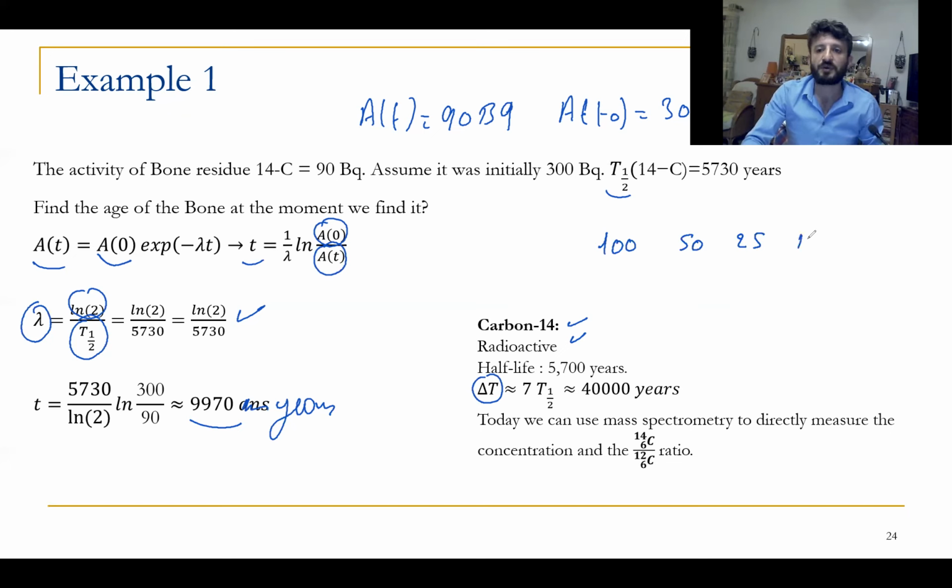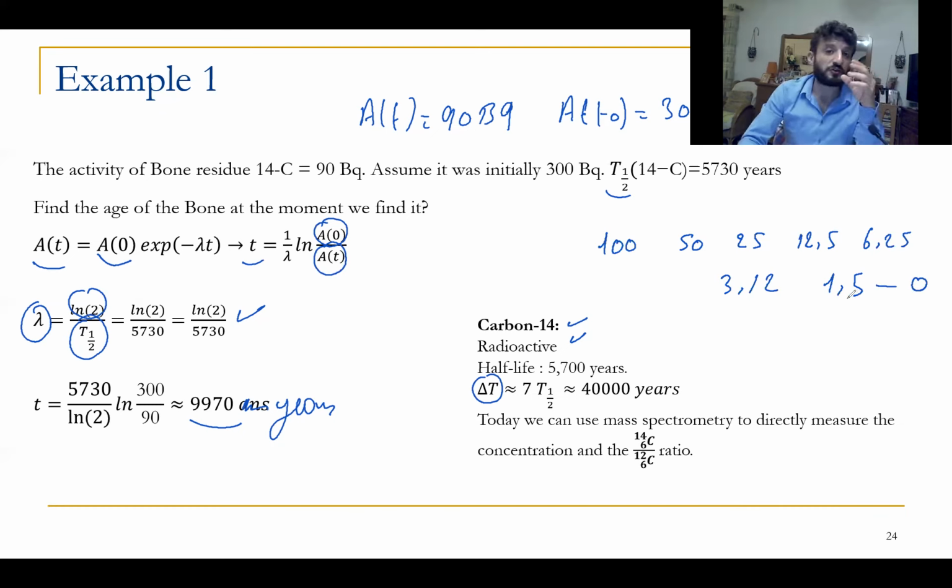After another half-time, we get 12.5. After half-time, we get 6.25. After half-time, we get 3.12. Half-time, about 1.5, and so on. In general, after 7 half-times, we get 0 unstable element.